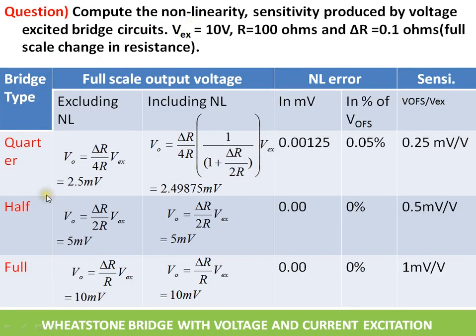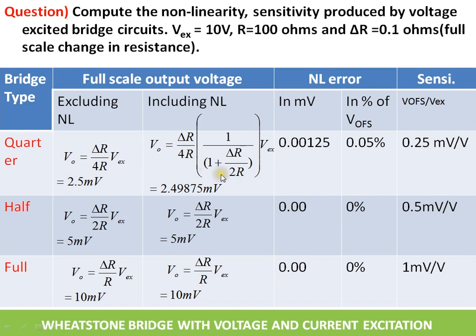This is the example that compares the three configurations. V excitation is 10 volts, initial resistance is 100 ohms, the change in resistance, that is full scale change in resistance, is 0.1 ohms. The output voltage, non-linearity error and sensitivity are shown here.